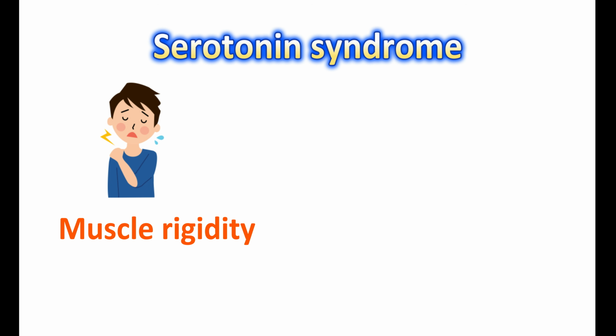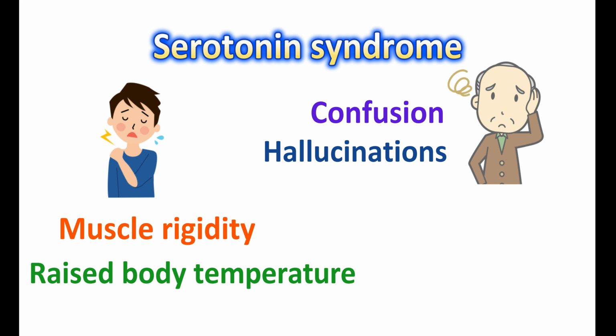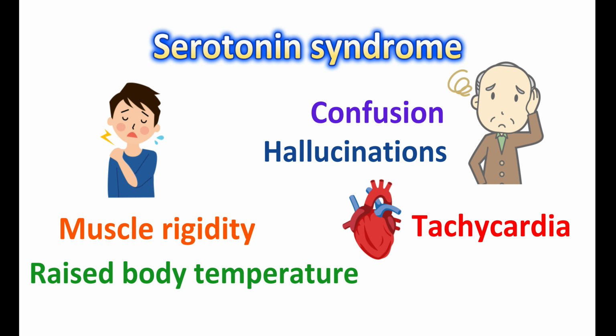Serotonin syndrome is a potentially fatal condition associated with various symptoms like muscle rigidity, tremors, confusion, hallucinations, and raised body temperature leading to hyperthermia, and it can even produce tachycardia and palpitations. Many of these symptoms are fatal. Therefore, these symptoms should be closely monitored, particularly when two types of medications that increase serotonin levels are combined.